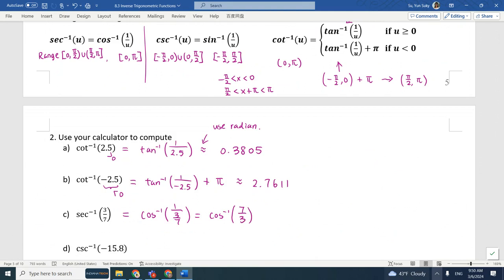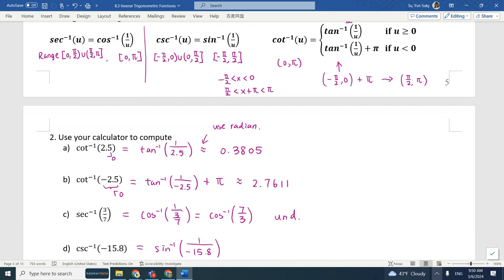Can you have your y value bigger than 1? No. So this is undefined. Very good. How about arc cosecant, negative 15.8? Yeah, arc sine, and 1 over this number.